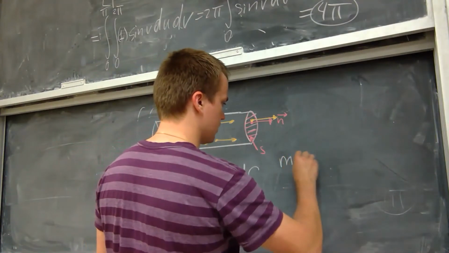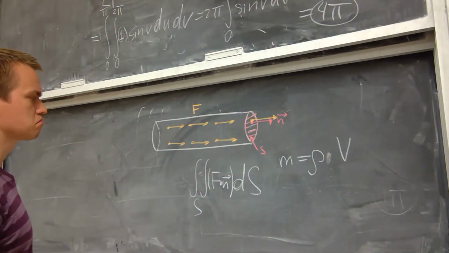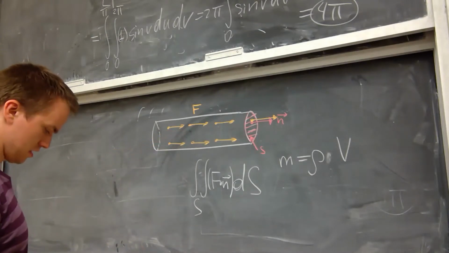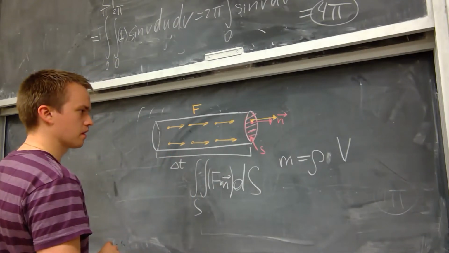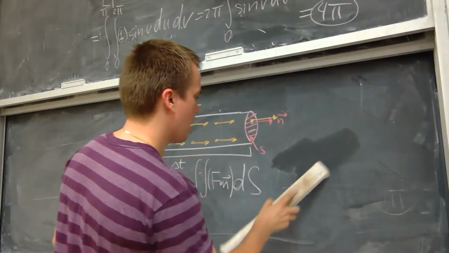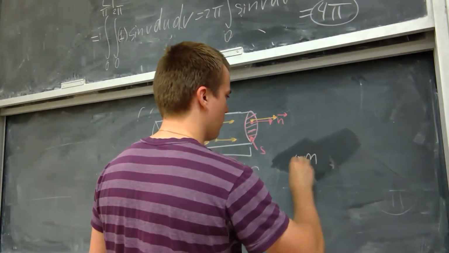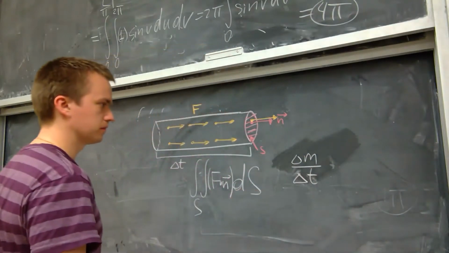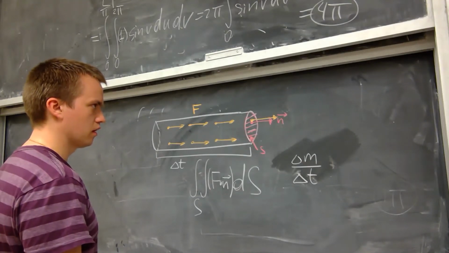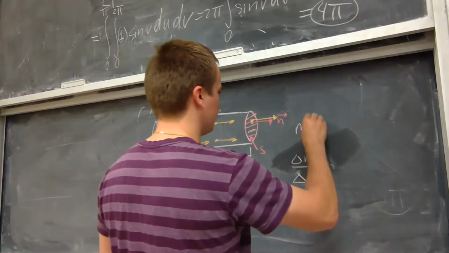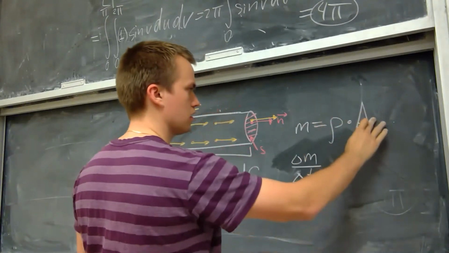So I know that my mass equals rho times V. If I think about the V, this is going to be my time, delta T. And I want to find how much liquid goes through this S, so I want to find delta M over delta S, over delta T. And the mass that goes through this is density times area.